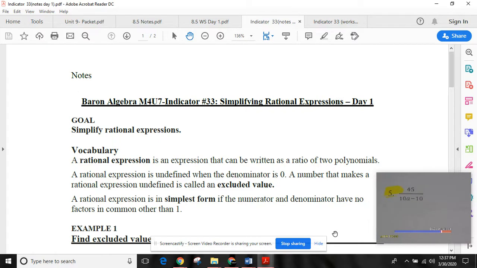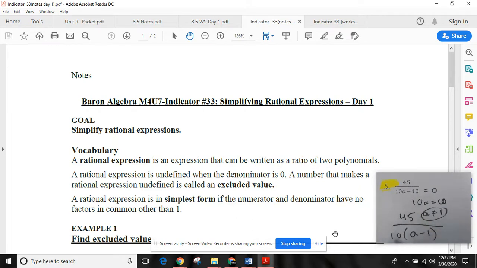Okay. If we were going to state the excluded values, again, we'd want to set this equal to 0. So we get 10a equals 10. So a equals 1. That'd be our excluded value. But then if we want to try to simplify this, we could take a 10 out of that denominator and then leave it as a minus 1. And we still have a 45 up top.